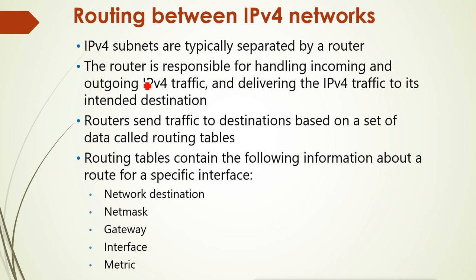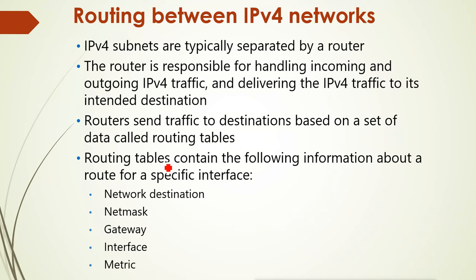The router is responsible for handling incoming and outgoing IPv4 traffic and delivering it to the intended destination. Routers send traffic based on a set of data called the routing table. All routers have their own routing tables, which have information about all the other networks connected to that router. Based on the routing table, it will forward the data to that particular network.